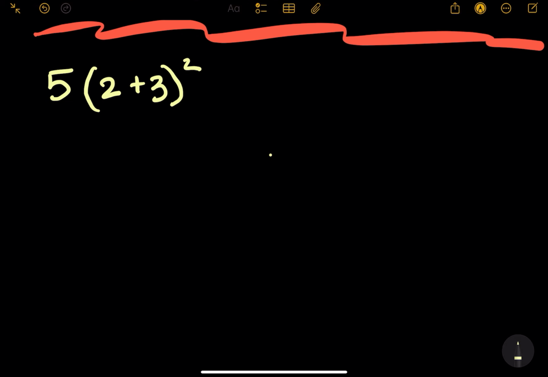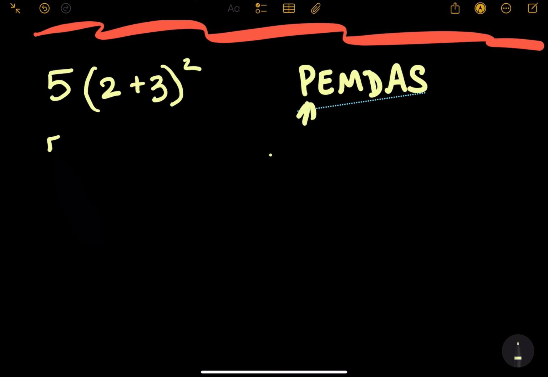First, we're going to do what's inside of the parentheses. We have PEMDAS, right? Let's write that on the side. First is parentheses. So 2 plus 3 gives us 5 squared. Next is exponents. So 5 times 5 squared.